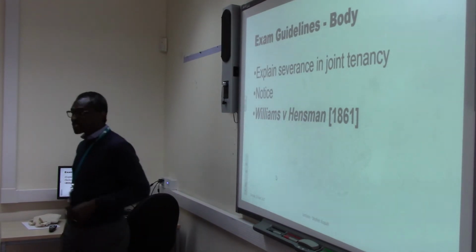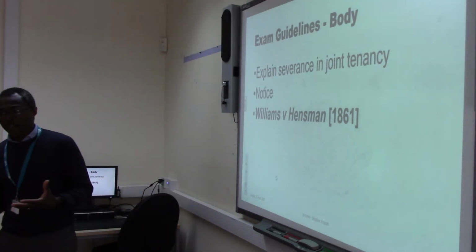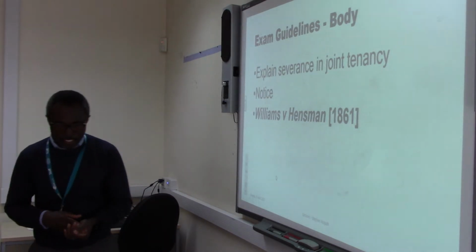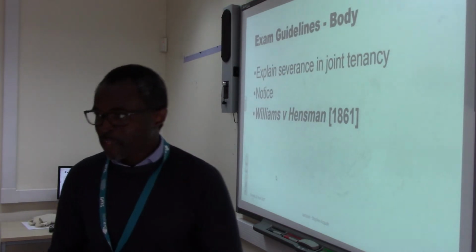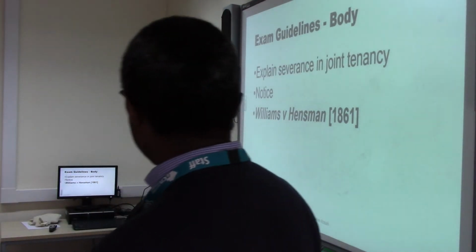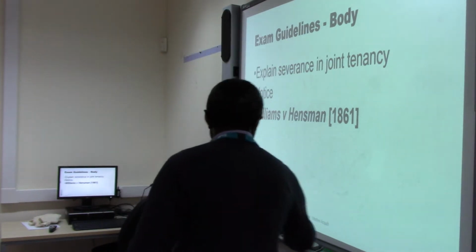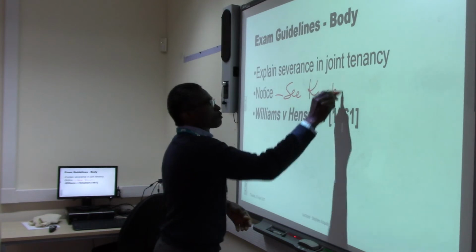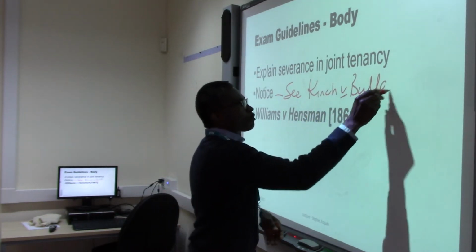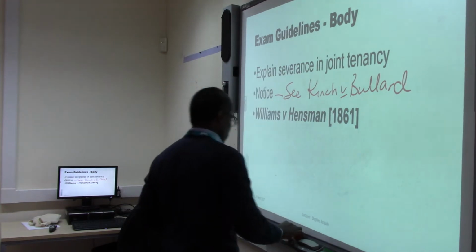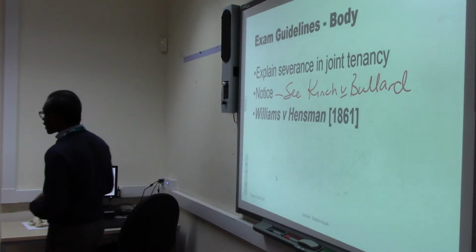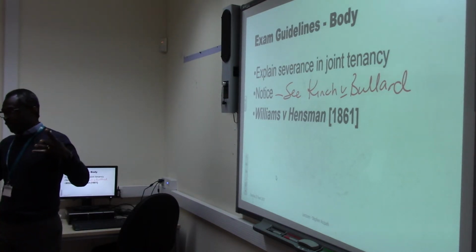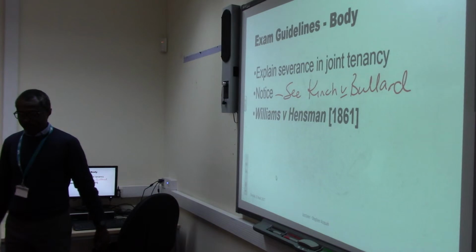Then severance. Talk about severance. So how might a joint tenancy be severed? Notice under section 36 of the Law of Property Act 1925, Harris and Bullard is another case that you might refer to. That's the first method, and I did say that you can just talk about one method of severance.